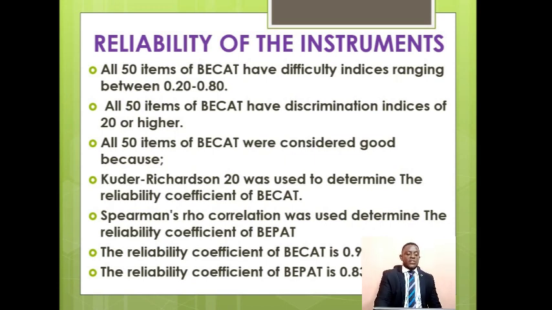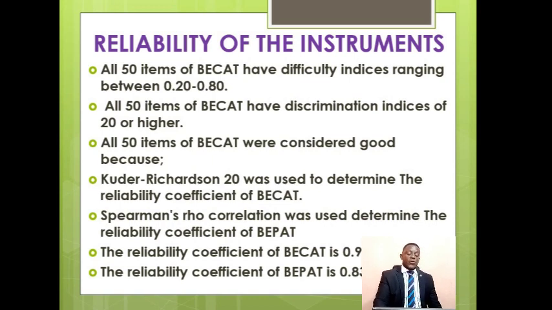Also, the items were determined to be good because, as I mentioned earlier, the Kuder-Richardson 20 formula was used to determine the reliability coefficient of the cognitive achievement test, whereas the Spearman-Rho correlation coefficient was used to determine the reliability coefficient of the psychomotor test.